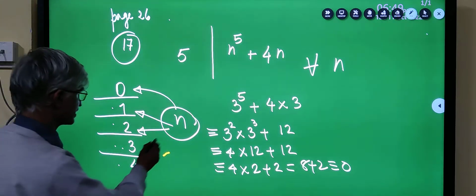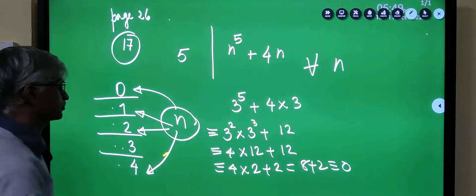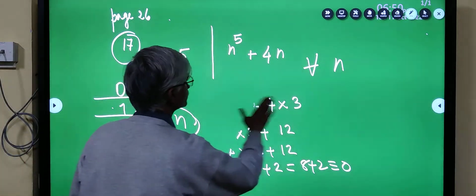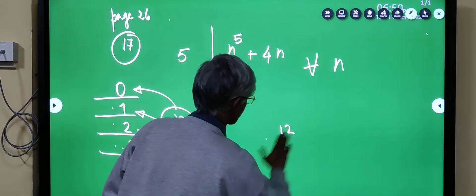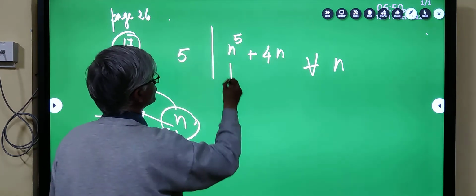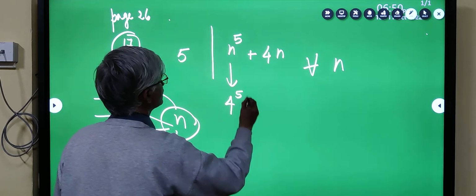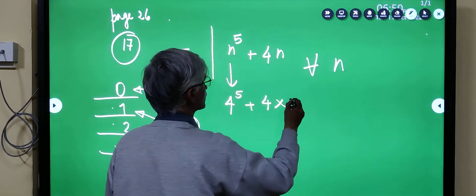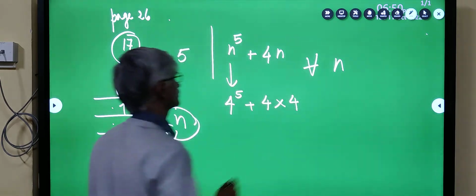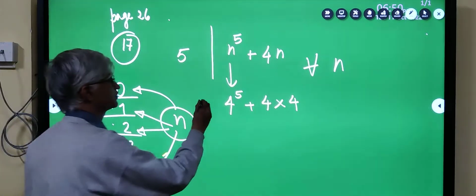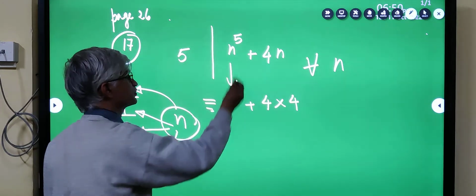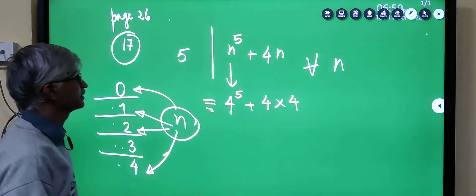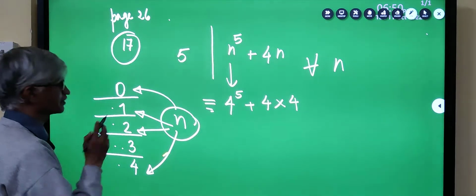Now let's do the last case, which is n equal to 4. So for n is equal to 4, the remainder is now 4 raised to 5 plus 4 into 4, right? So this is the remainder when n raised to 5 plus 4n is divided by 5, and n itself is the remainder of 4.